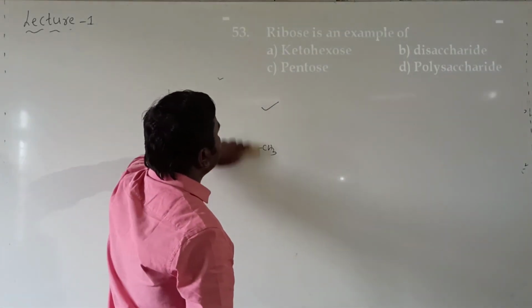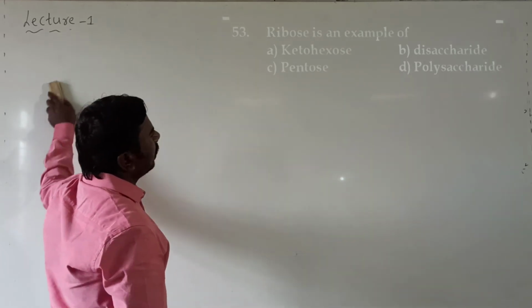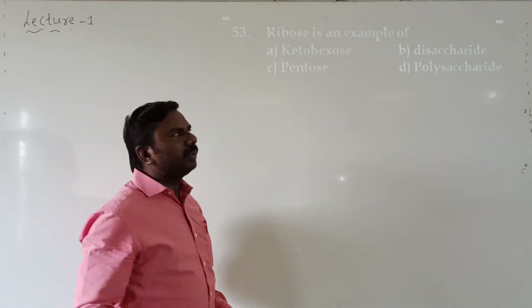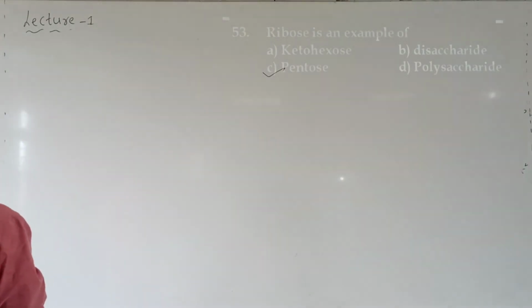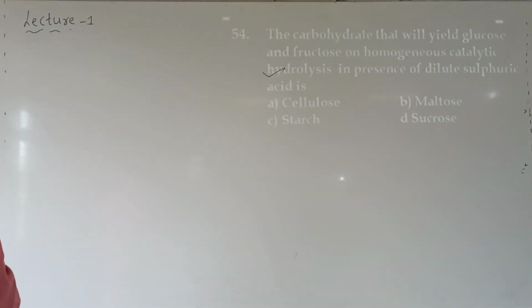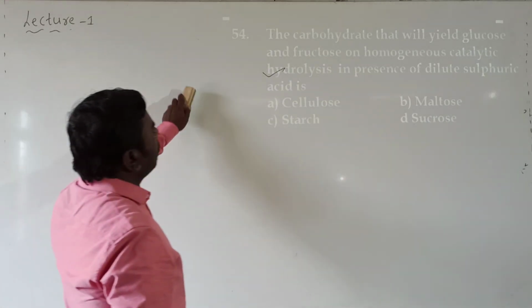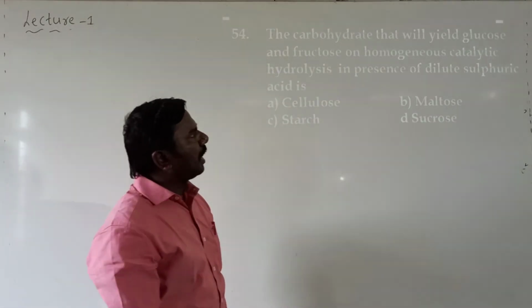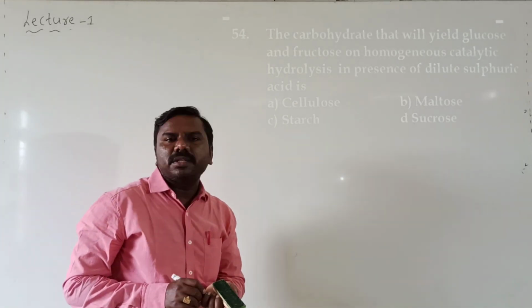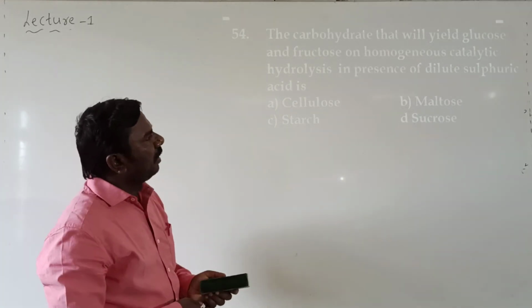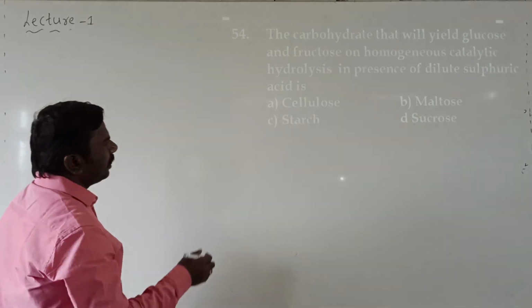Ribose sugar is an example for... it is a 5-membered pentose. It is right. Pentose sugar it is. Next, the carbohydrate that will yield glucose and fructose on hydrolysis in presence of acid, that is sucrose.